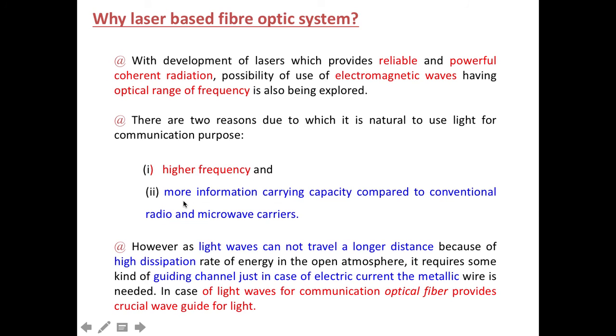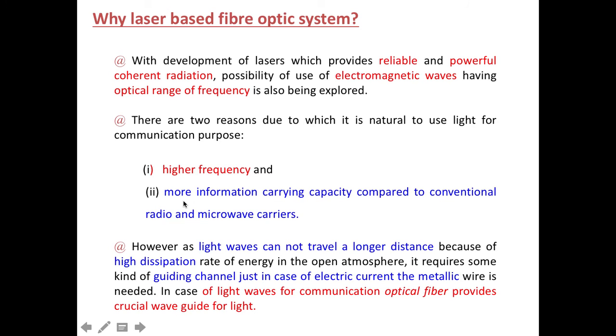However, light waves cannot travel a longer distance because of the high dissipation rate of energy in the open atmosphere. It requires some kind of guiding channel or carrier guide, just as electric current requires a metallic wire.